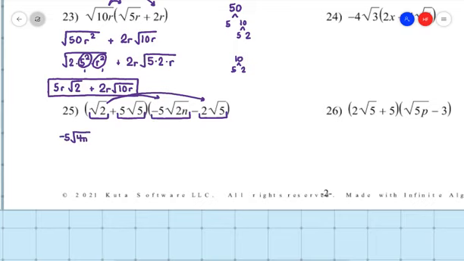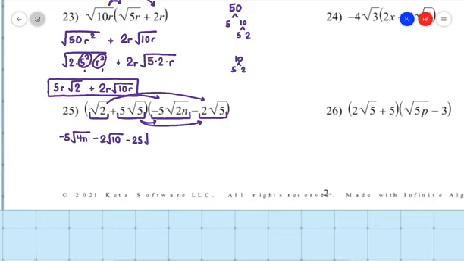And then we've got square root of 2 times negative 2 square root of 5. So again, the multiplication is only occurring underneath since that is where the square root of 2 is. So we've got 2 and 5, which gives me 10. And then on the second part, we've got coefficients on the outside, so we'll multiply them together, 5 and negative 5.